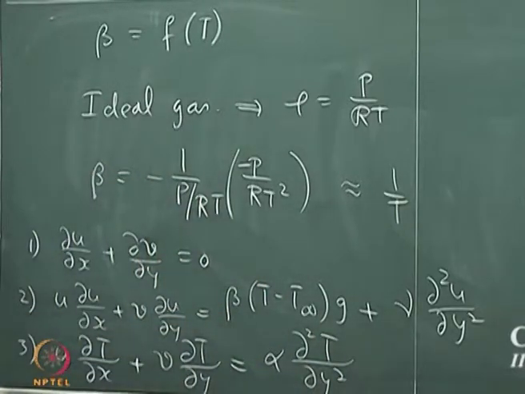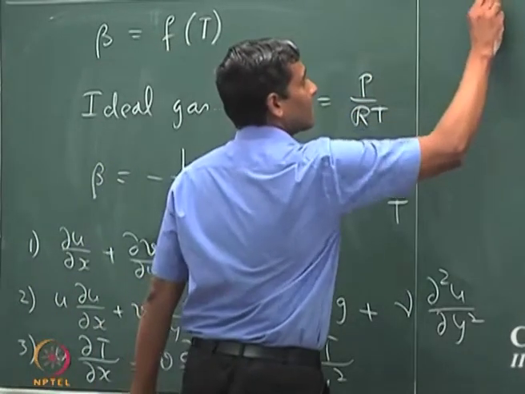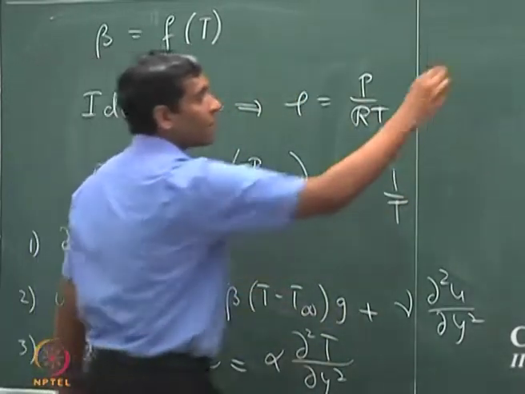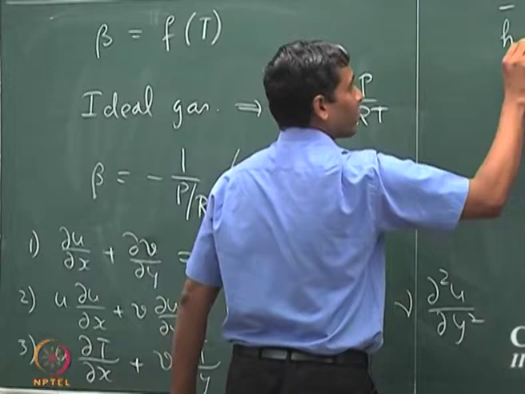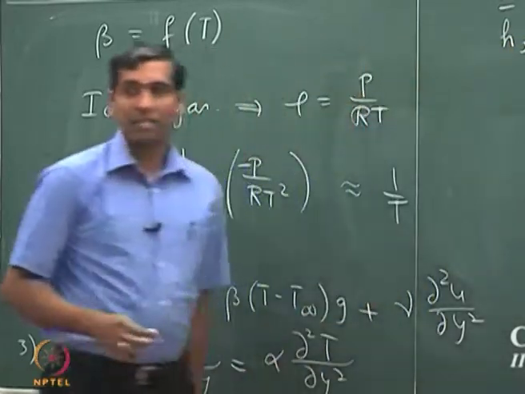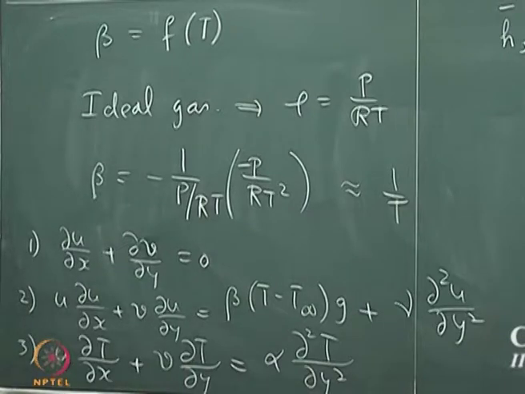Okay. So we assume that there is no energy generation, etc. So this is the energy balance, we have the momentum balance, and we have the continuity equation. So we need to find a way to solve these set of expressions in order to find the heat transport coefficient. Remember that the objective is to find the local heat transport coefficient, and of course the average heat transport coefficient either at any length or based on the length of the full plate. Okay, that's the objective.